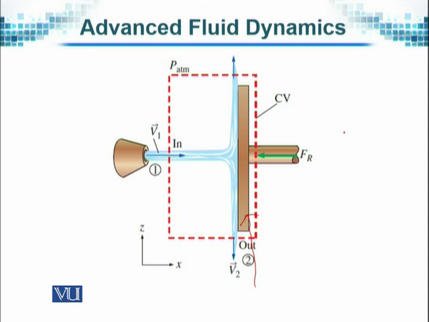So that's the question. And the control volume, as is being practiced, is indicated by the red dotted line. The atmospheric pressure is indicated as P atmosphere, and that is the atmospheric pressure all round, so it will be the same in all directions.